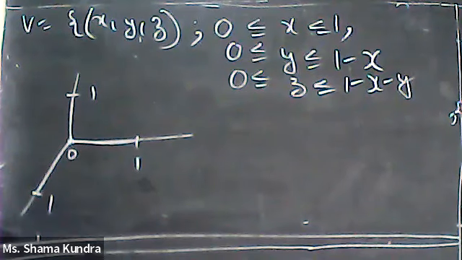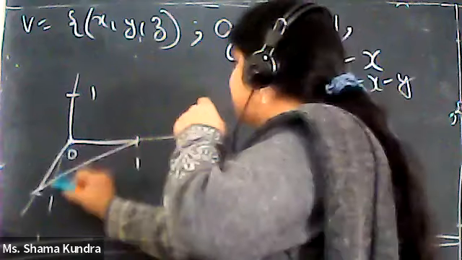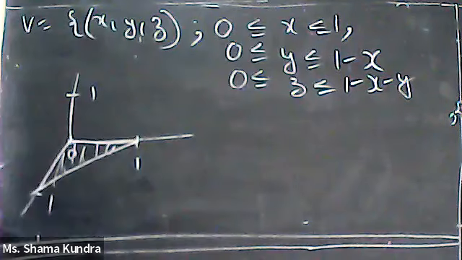First we keep x as constant from 0 to 1 and then take the limit of y in terms of x. If we take the limit of y in terms of x, then we cover this much portion.